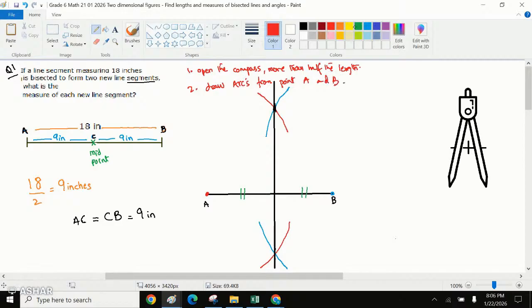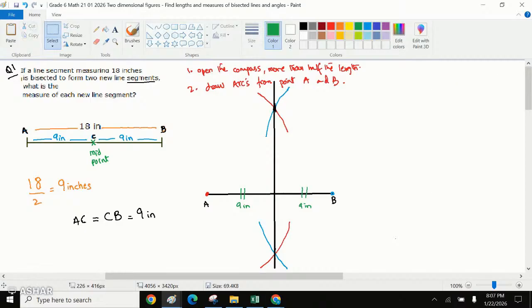Once we draw this, if the total length was 18, then this becomes 9 inches and this becomes 9 inches. So you don't have to be very perfect. You just need to open the compass more than half.